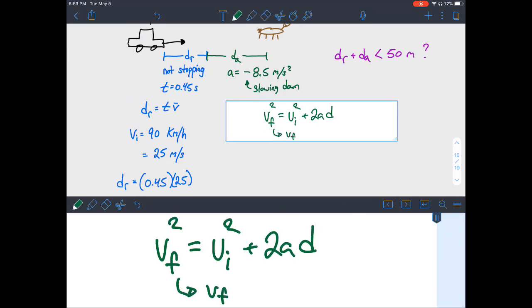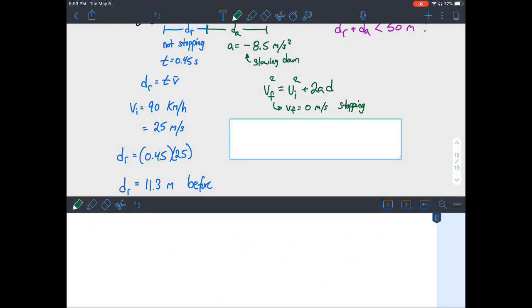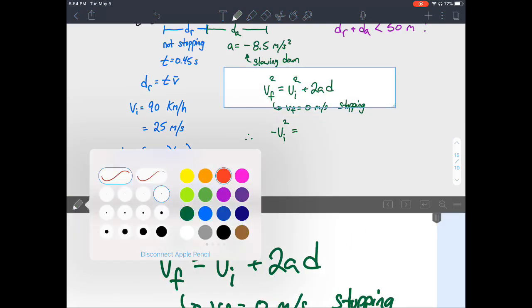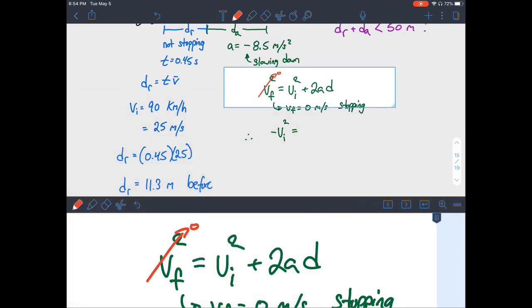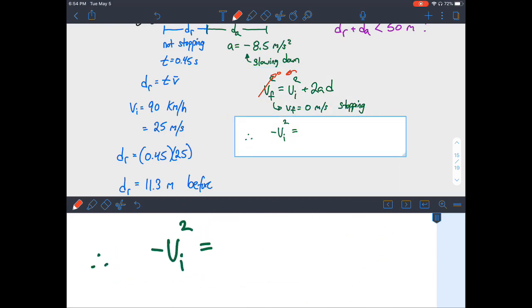Our final velocity is going to be 0 since we are stopping. We know our initial velocity because we knew how fast we were going, and we know what our acceleration is. So let's just go ahead and solve this. We're going to get negative vi squared, because we're going to cancel out the final velocity and move the initial velocity over. That's going to be equal to 2ad.